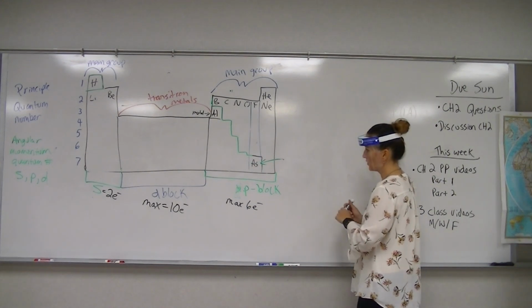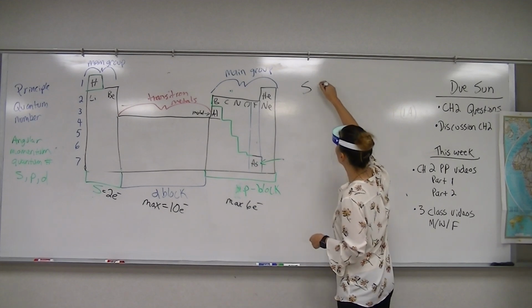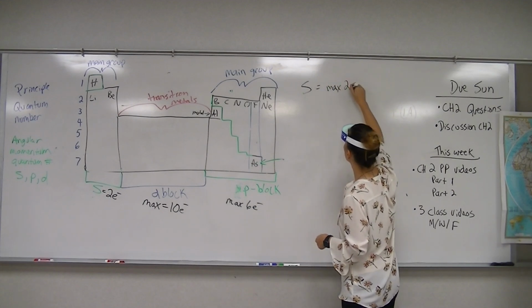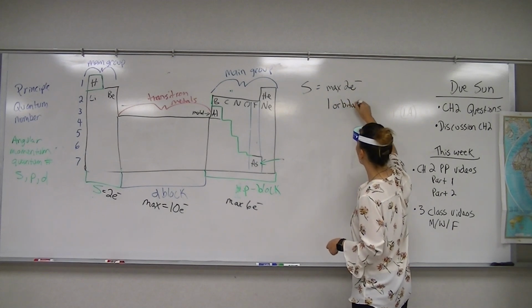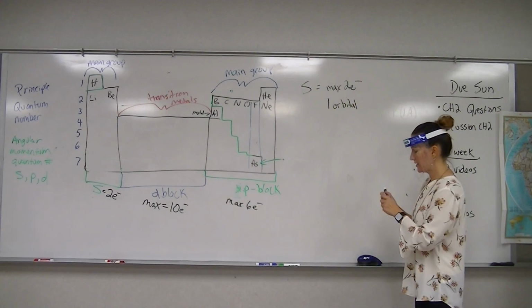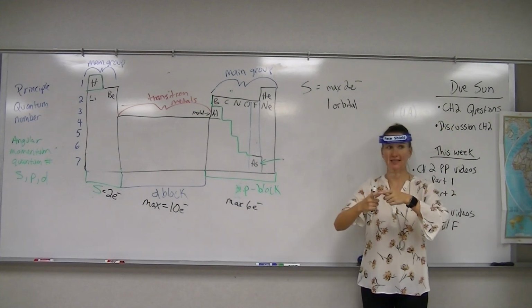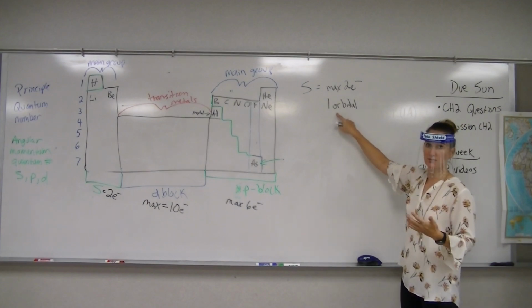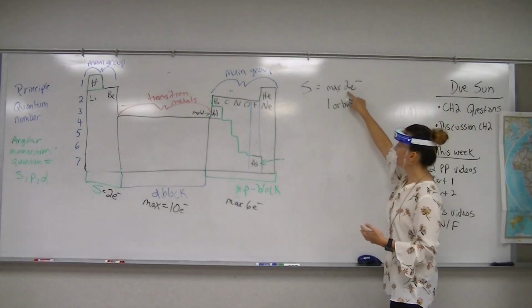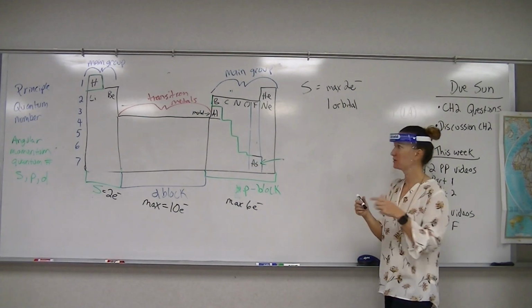For the S block, we said max of 2 electrons, and it actually has 1 orbital. An orbital is that probability region of where an electron is, and each orbital can only hold a max of 2 electrons. So if the S can only hold a max of 2, that means it can only have 1 orbital.